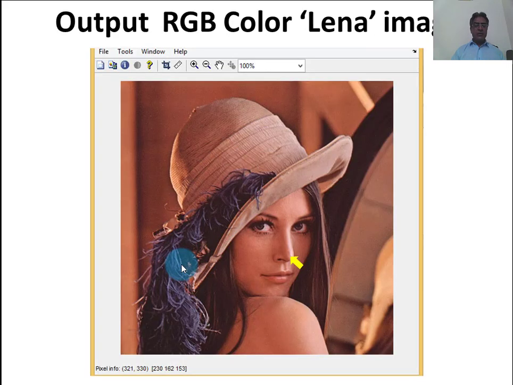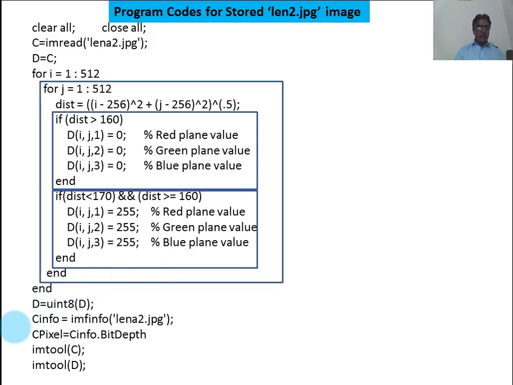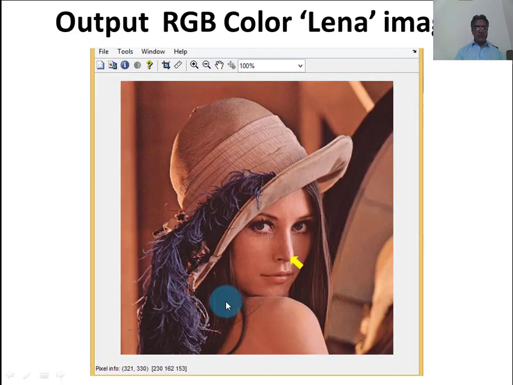This is the output of our command imtool C, because through the imread command, linear2.jpg was stored in C, and as it is, imtool will display the C image. This is the output of that command.